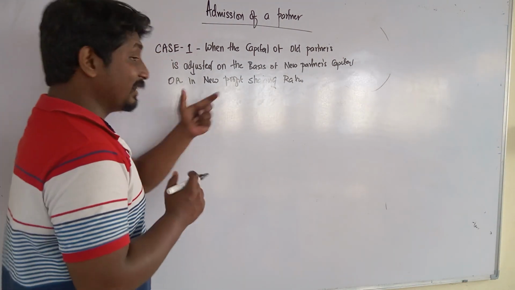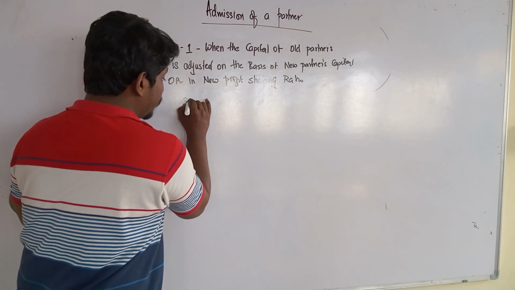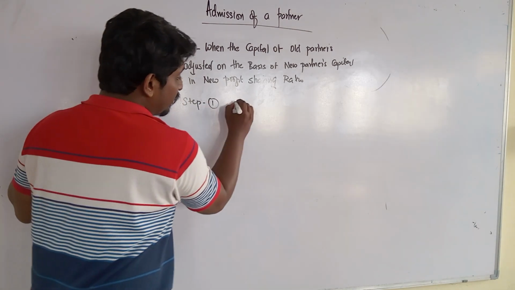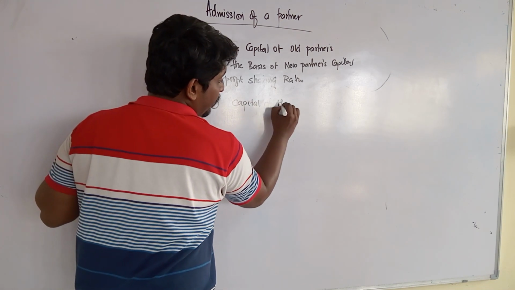So when you get this case, in case of any capital adjustment, step one will always be to find out the capital of the firm. You should always find out the capital of the firm.